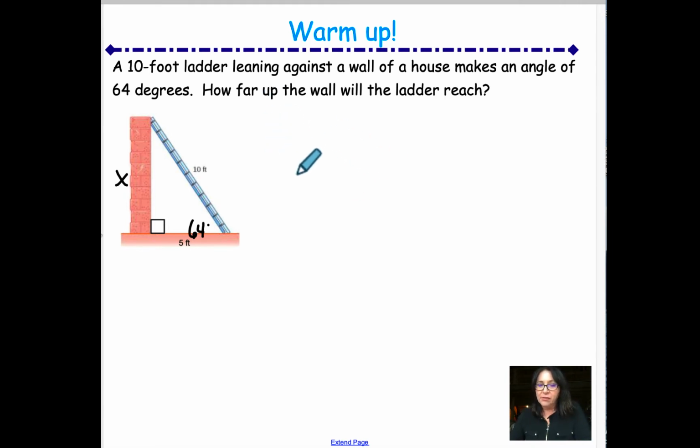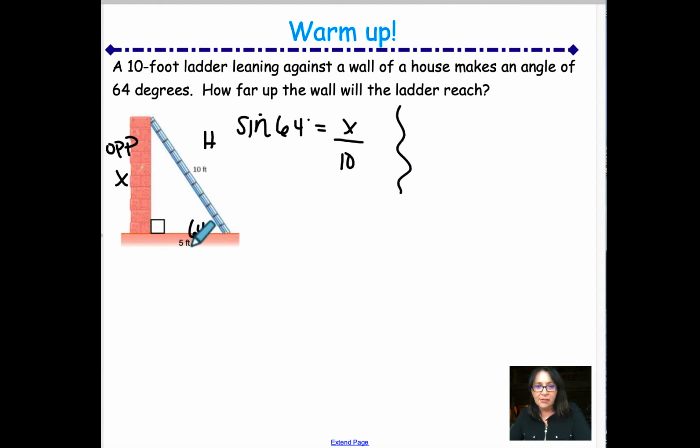But because you have actually two sides, option A is to use sine. So I can say sine of 64 degrees is equal to, I have the opposite side, and I have the hypotenuse, which is 10. So sine of 64 degrees is equal to x over 10. The other option is to say, well, I also have the adjacent side.